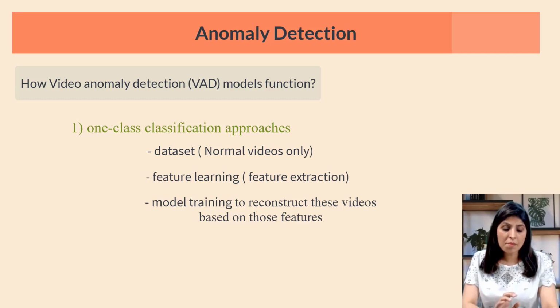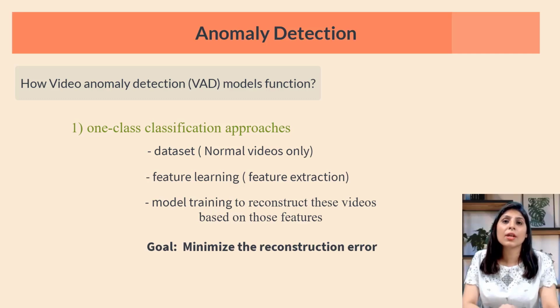The main aim here is to minimize the reconstruction error. Minimizing the reconstruction error means that if your reconstructed video looks similar to the original video, the reconstruction error is 0. So the objective of training is to minimize the difference between the original input video and the reconstructed video.